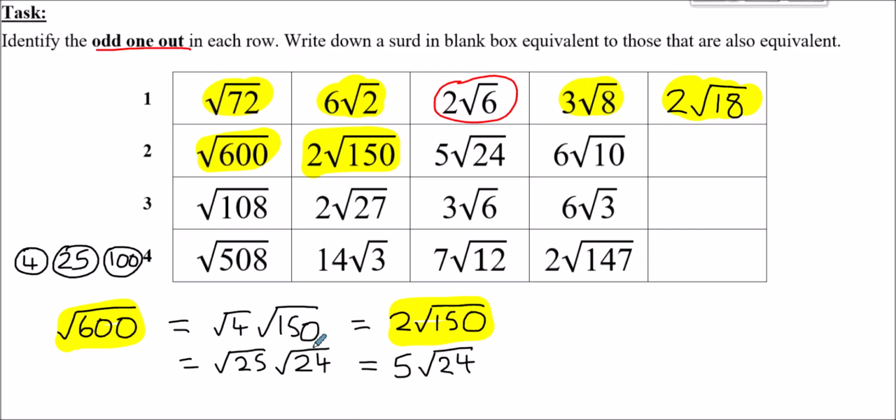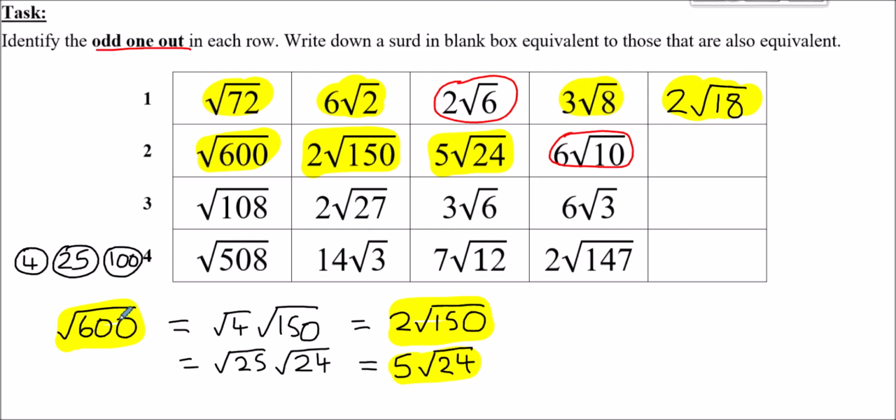So we've shown that root 600 is the same as 5 root 24, and so this one is therefore the same. Because these three are the same, by process of elimination, 6 root 10 must be the odd one out.